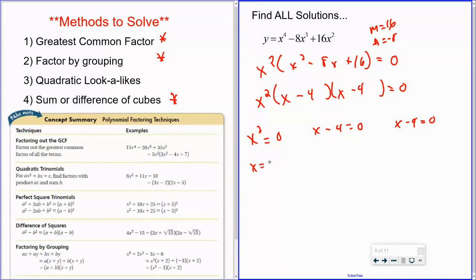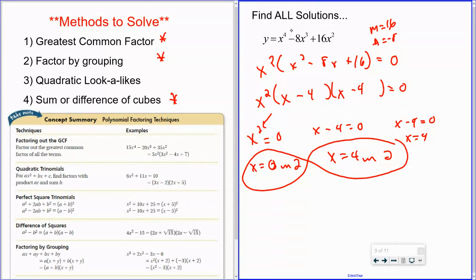So x is equal to 0 with a multiplicity of 2 because it's squared. This is x equals 4, and this is x equals 4, so I could put a multiplicity of 2. Now, I expected 4 answers, and I have 1, 2, 3, 4. So there we go.